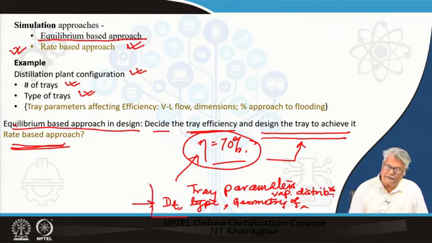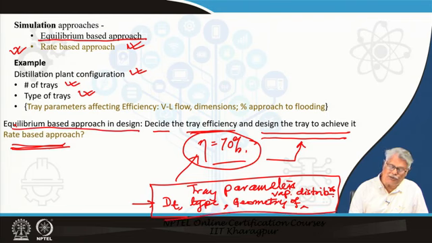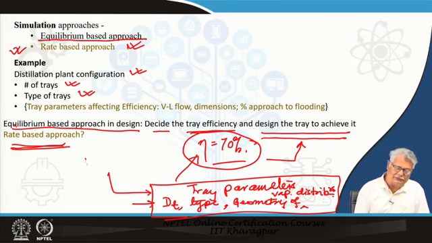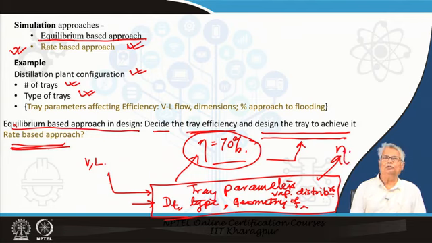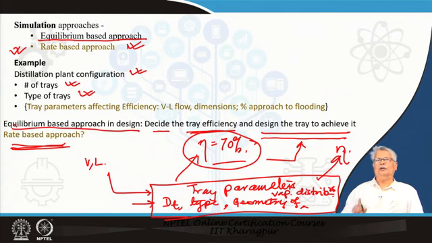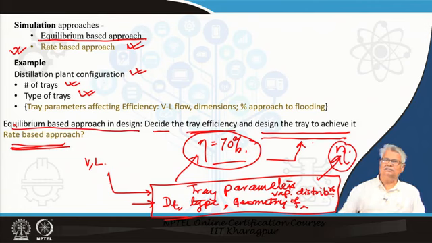If you know this, and since you already know the intermediate tray vapor and liquid traffic given to you during your process itself, from here it can definitely generate the efficiency value. So, what you do in a rate based approach is you account for the actual efficiency here and then proceed with your design.